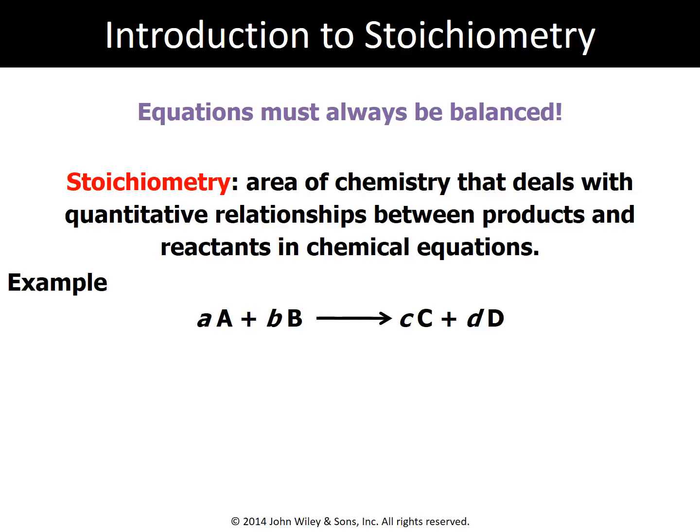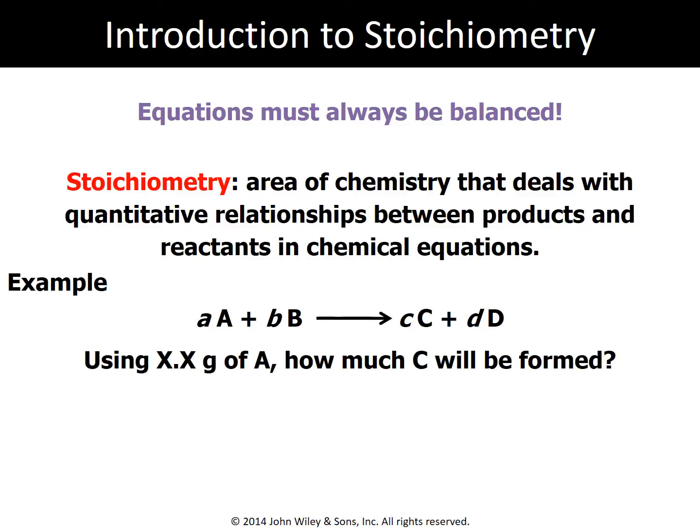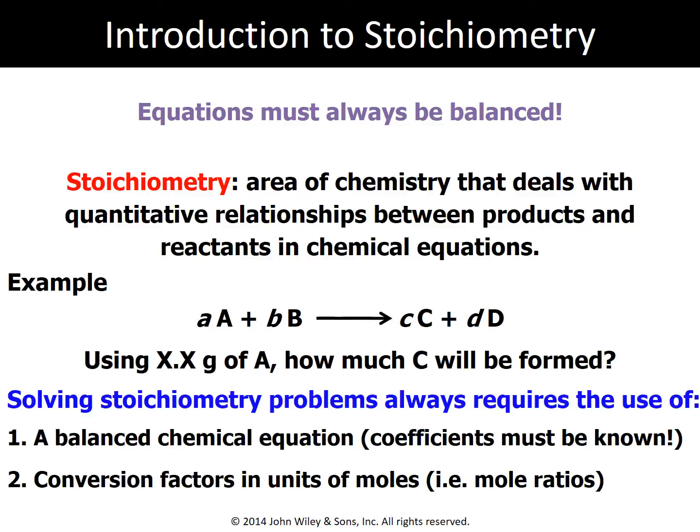Here, for example, we're looking at a skeleton chemical equation with our little lowercase letters being our coefficients. If I wanted to know how many grams of A we are using, how much C will be formed? In order to answer these questions, we need to know that things are balanced, and we'll begin to use these coefficients as a new form of ratios.